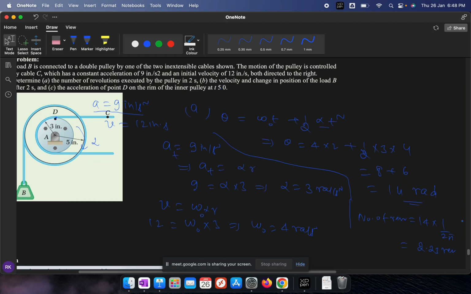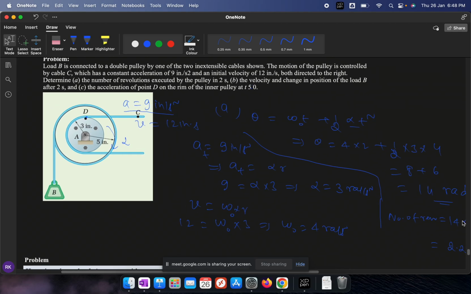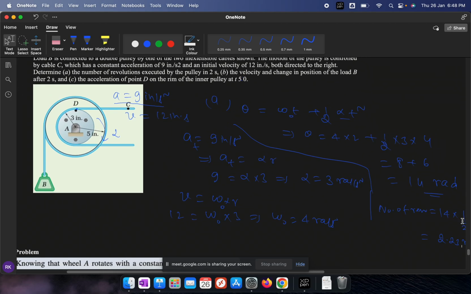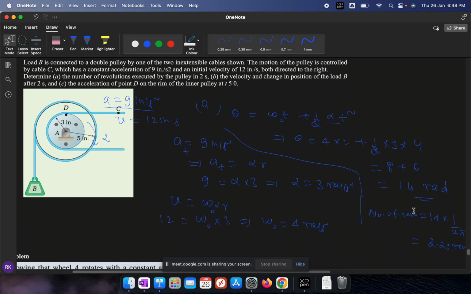What about the velocity and change in position of the load after 2 seconds? So how will you solve it? It is asking the velocity and change in position of the load B after 2 seconds.